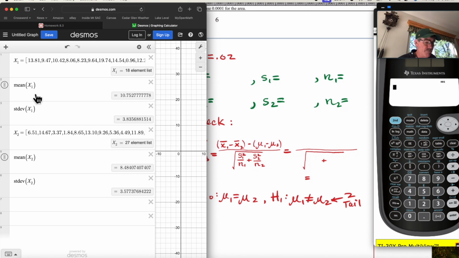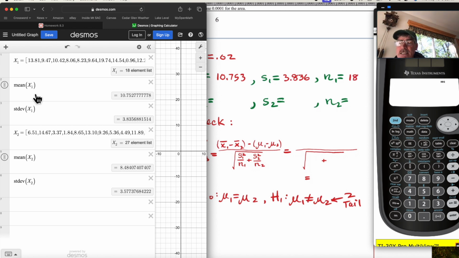For the first sample, the mean has 2 places after the decimal, so I'm going to have to carry 3. I'm going to do 10.753 for the first sample. The standard deviation is 3.836, and the sample size is 18.